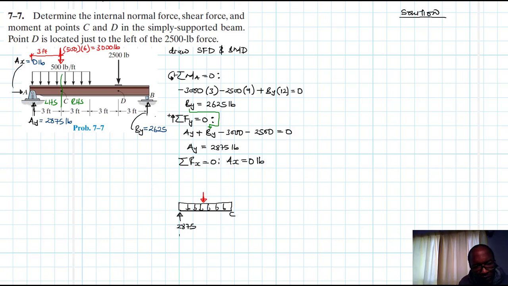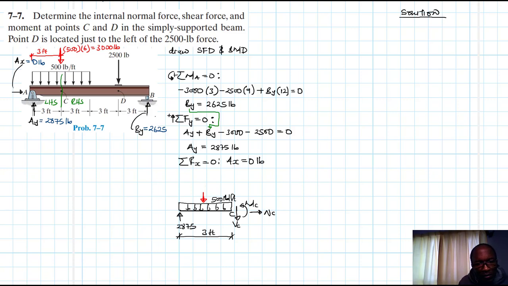What's this length? This length is 3 feet. So we have a shear force there, VC, and we have MC. And also we have a normal force, NC. So this equivalent force is equal to the intensity of this load here, which is 500 pounds per foot.